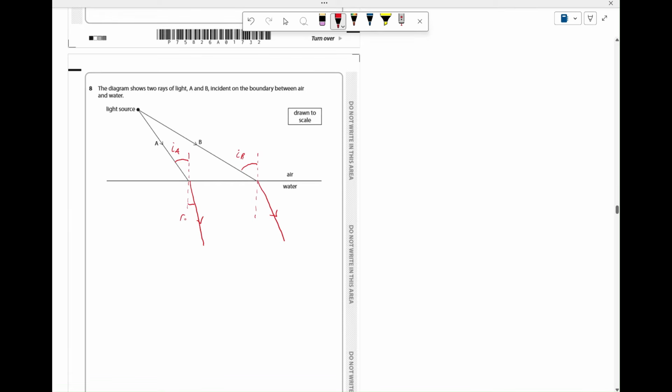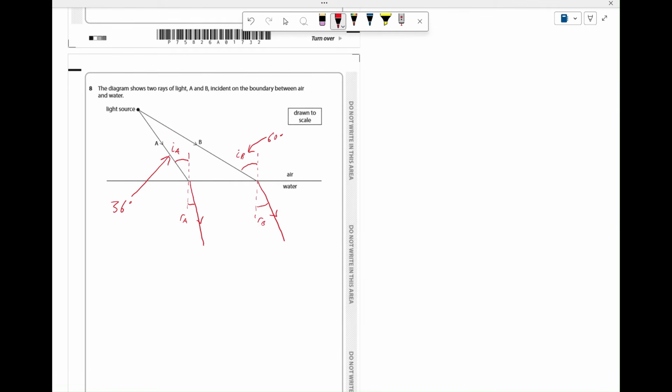So that's my angle of refraction for A, and that's my angle of refraction for B. I think it would be sensible to actually measure these. You do need a protractor for your physics exams. I think this angle is something like 36 degrees, and I think this angle is something like 60 degrees. So measure those with your protractor.